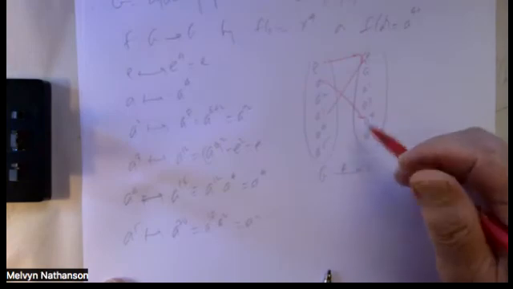E gets mapped to the identity. A cubed gets mapped to the identity. A gets mapped to A to the 4th, and A to the 4th gets mapped to A to the 4th. A squared gets mapped to A squared, and A to the 5th also gets mapped to A squared.